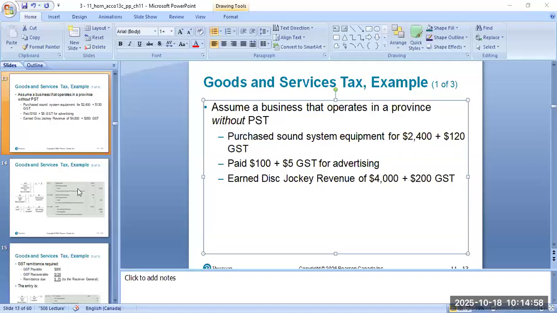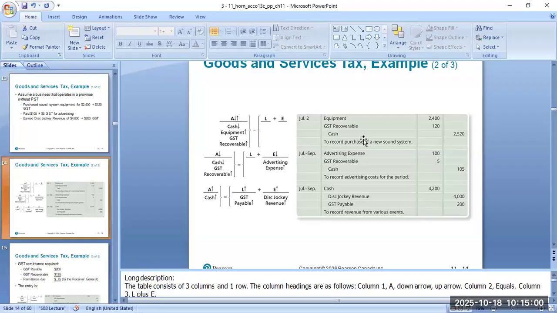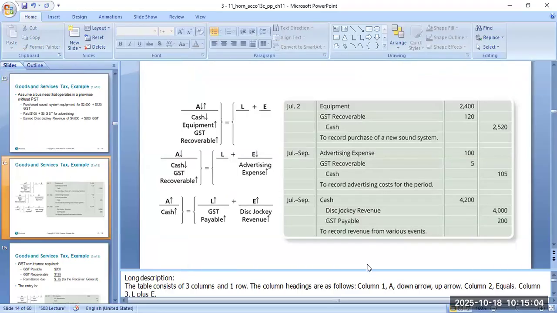Let me share my screen with the slides. And let's repeat everything again. First thing first, here we purchased the equipment. We recorded the GST recoverable and we paid cash. Second, we had the advertising expense.